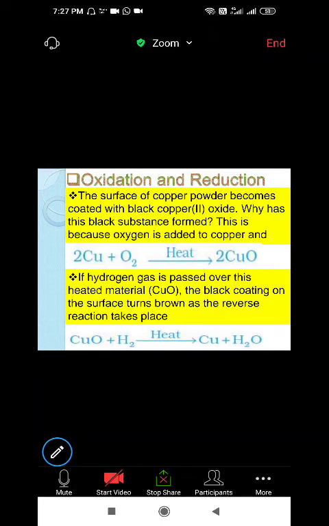If you are adding oxygen to the equation, then it may be considered an oxidation reaction. Or if by any chance oxygen is not getting added, but hydrogen is getting removed from any component of the chemical reaction, then even it is considered an oxidation reaction.